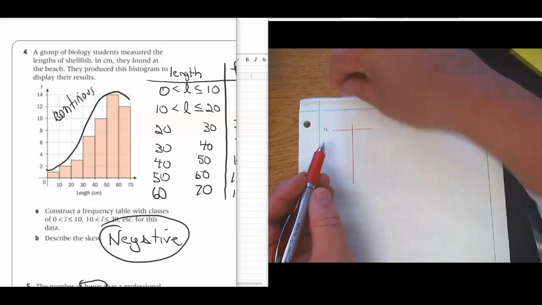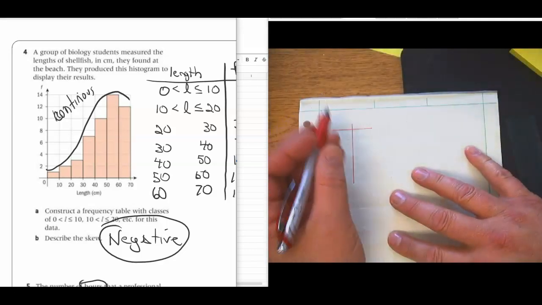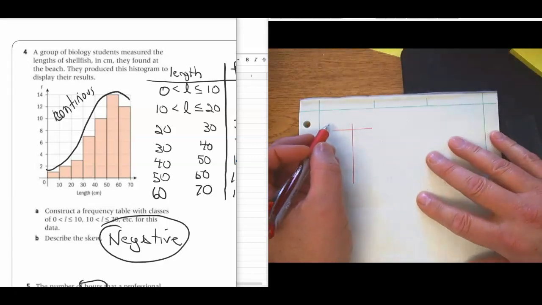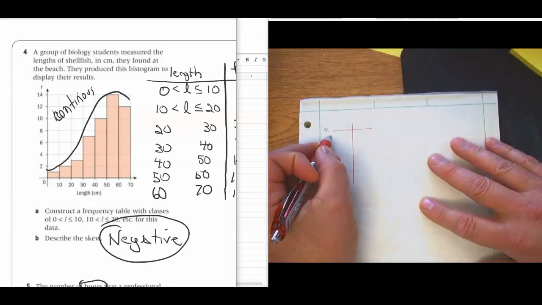And then my x-axis there is going to tell me what my intervals are. Okay, and then down in part A, it also tells me what the intervals are. So lengths.